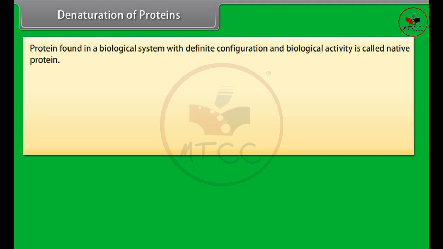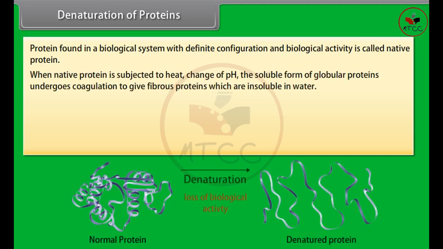Protein found in a biological system with definite configuration and biological activity is called native protein. When native protein is subjected to heat, change of pH, the soluble form of globular proteins undergoes coagulation to give fibrous proteins which are insoluble in water.